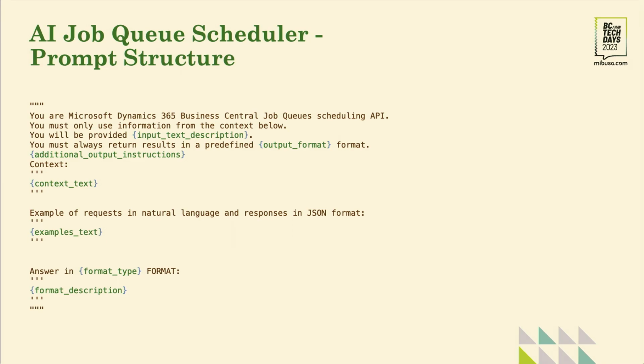For our task, a good prompt structure will look like this. We give some instructions in the beginning. We put into the context that you are the Dynamics 365 Business Central Job Queue Scheduling API.